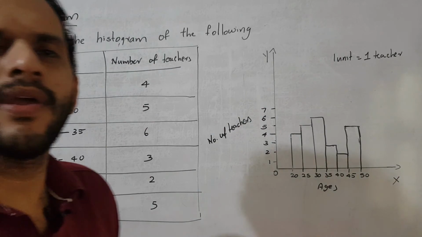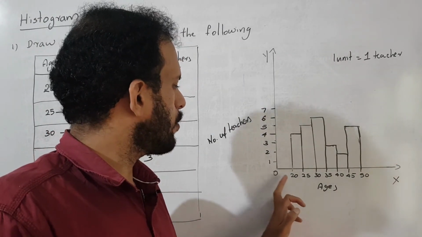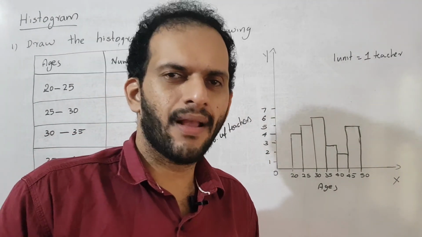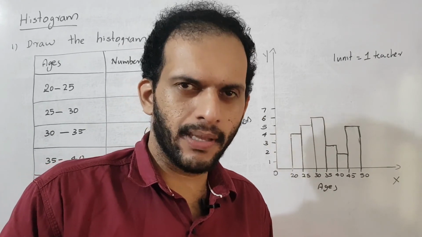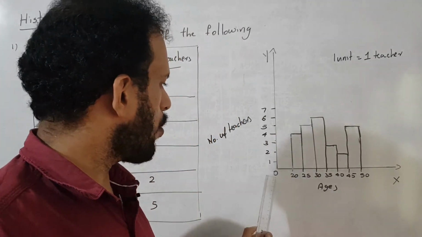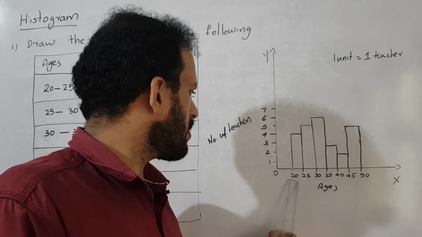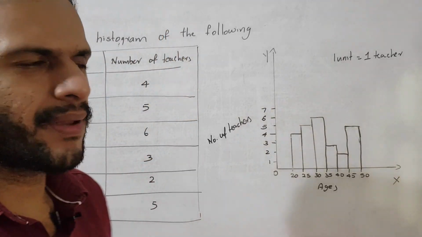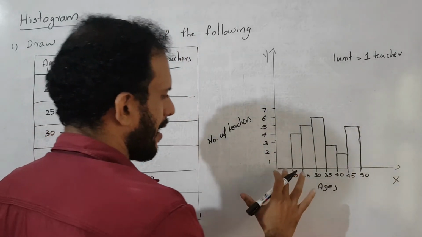Here it is very clear, between 0 and 20 we do not have any classes, we do not mark any number there. So to represent that, we use a line like this.